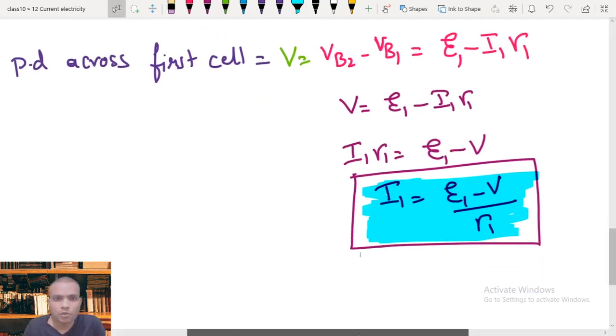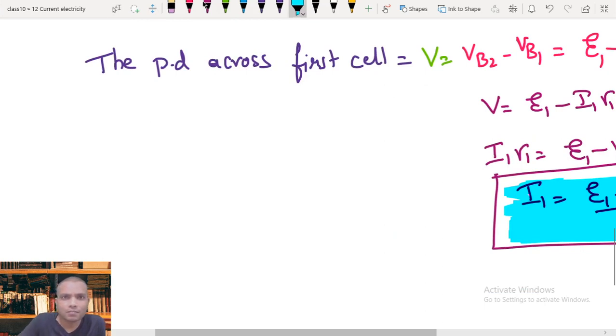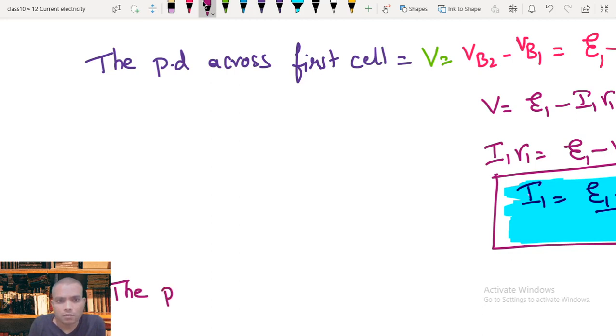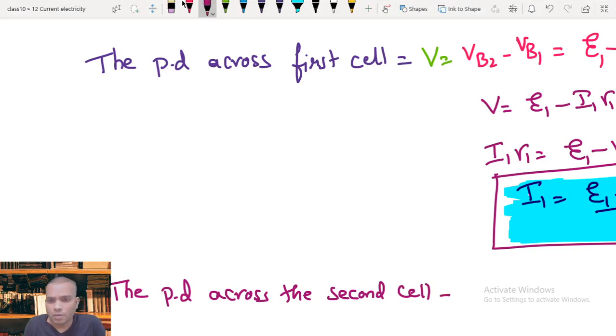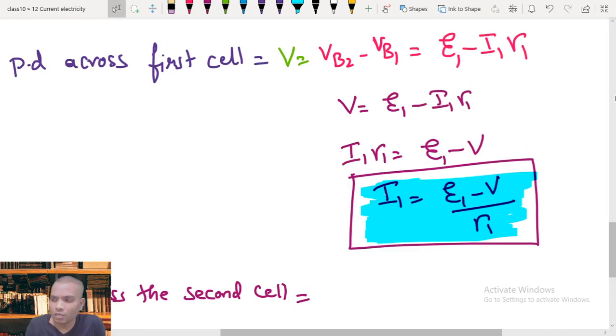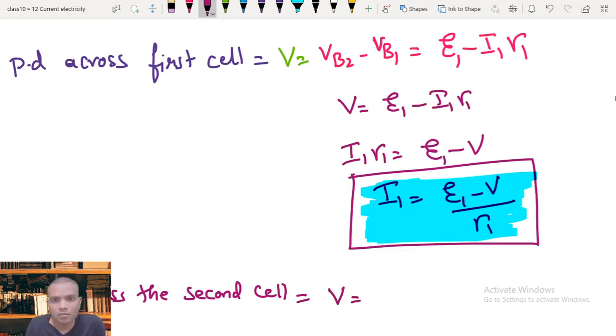Likewise, now find the potential difference across the second cell. If you remember, in a parallel combination the potential difference remains constant, it does not change. So if I take the same symbol for the potential difference, V equals VB2 minus VB1.